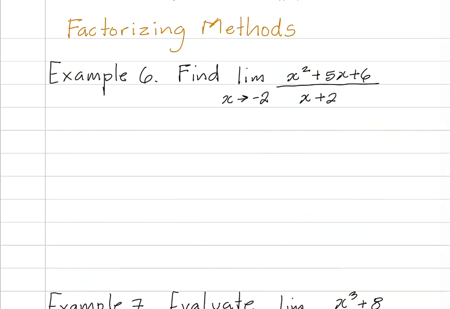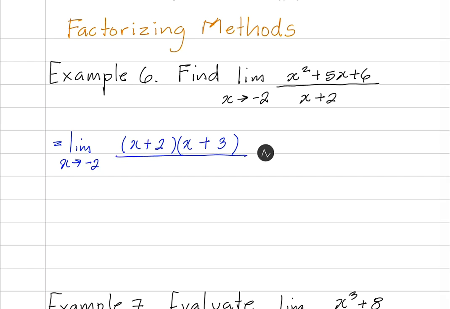Alright, let's look at evaluating limits by factorizing. Example 6. So the limit here would be equal to, let's factorize both numerator and denominator. This would be equal to the limit as x approaches minus 2 of, if we factorize the top, we're going to have x here, x here. I'm getting 3 and 2, plus, plus.